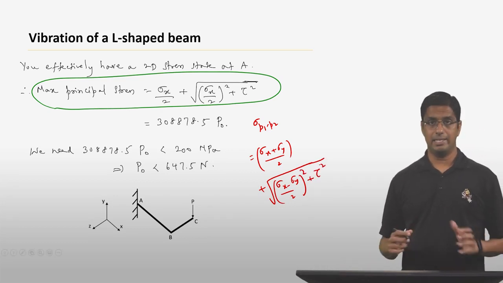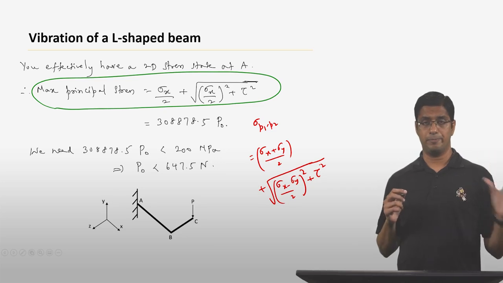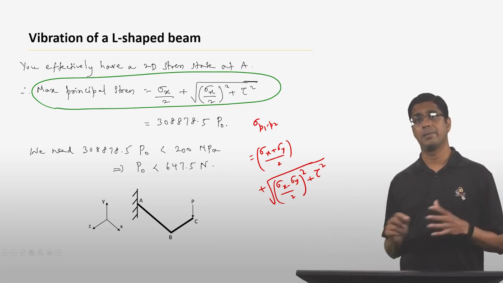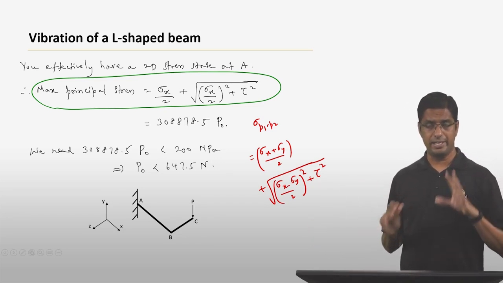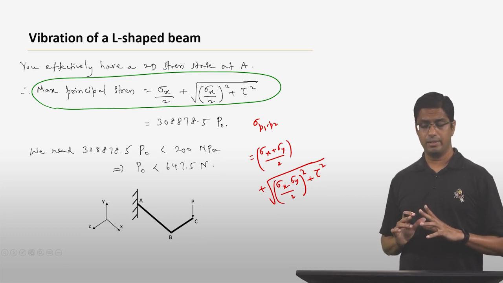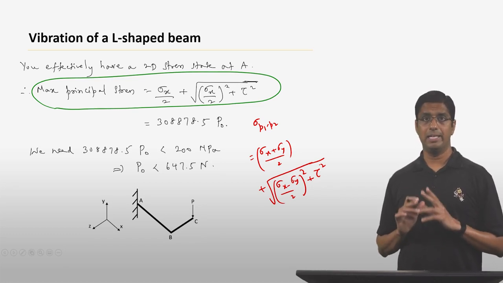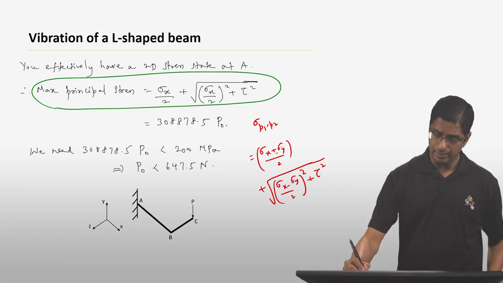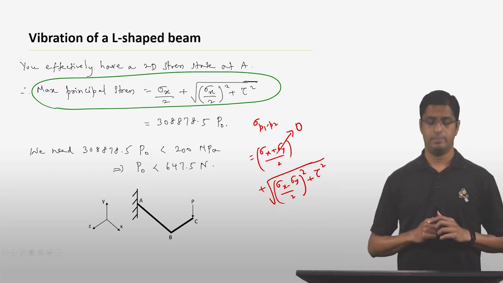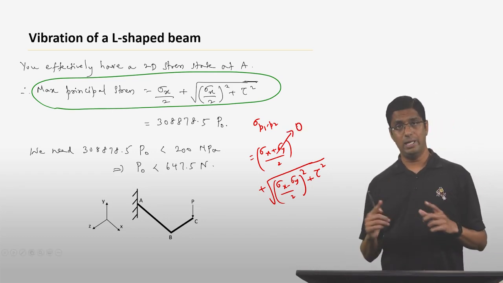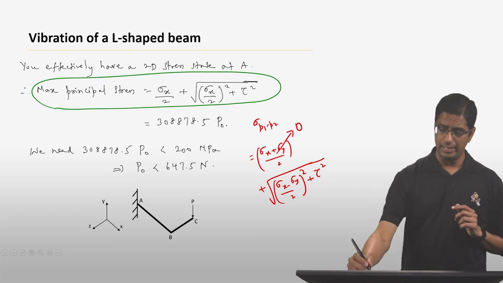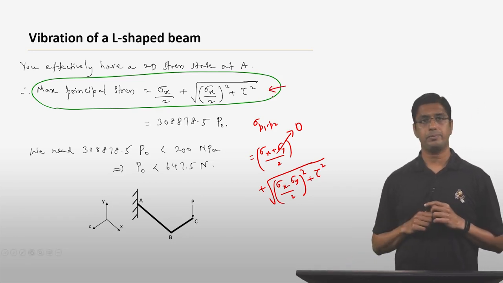That is the expression for the first and second principal stress for a 2D stress state. Here we have a 2D stress state, and that's why we can apply this formula. In this case we also have sigma y equal to 0. So you have only sigma x, and that is why you have the simplified expression.